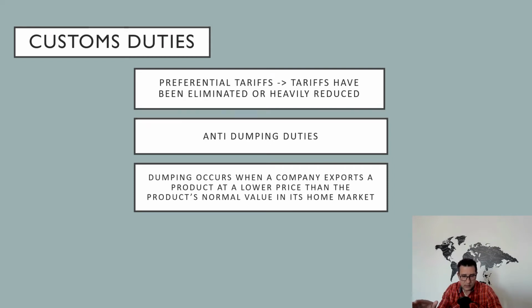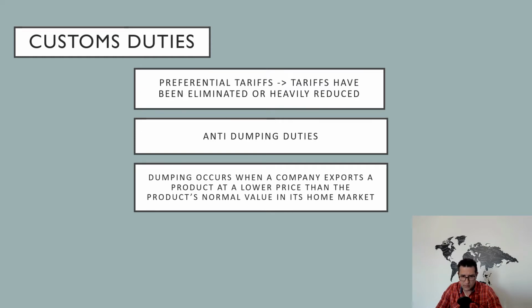I will not get into the details here about how the investigation goes, but usually large companies or large industry associations will trigger this investigation, which is a very complex and time-consuming process.